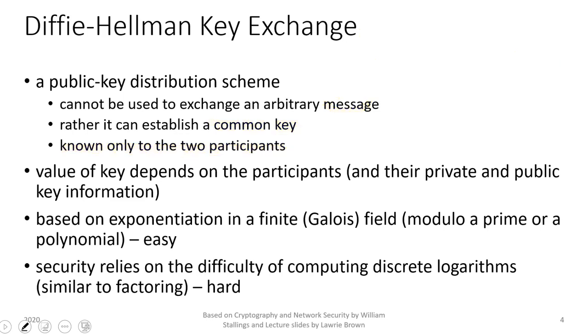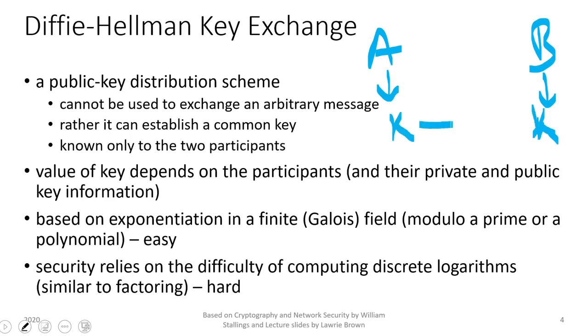So when we have two parties, each party will calculate a common key, and once we have a common key, we can establish a secure communication. The value of the key that we would calculate will depend on some private information that each party would have.